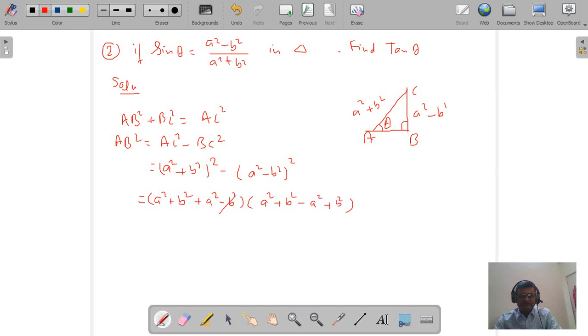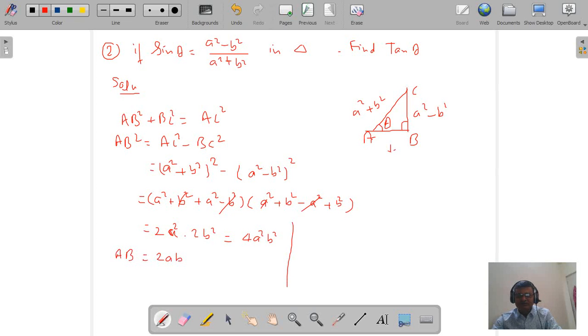So we are getting b square cancel, a square cancels. So we are getting 2a square into 2b square, which is equal to 4a square b square. So we can see that AB is twice of ab.